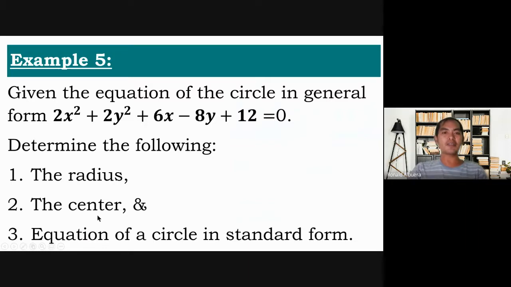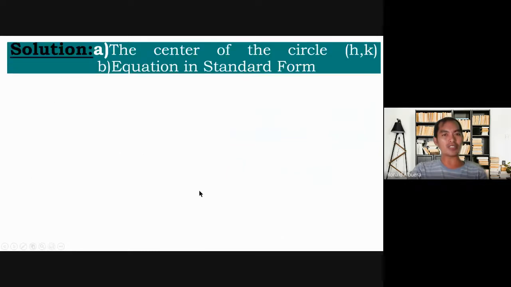So, the center is easy. Like I said, we have a shortcut: negative D over 2, negative E over 2. But then, the x squared has a coefficient, so you need to divide first. 6 divided by 2 is 3, so it becomes negative 3 over 2. 8 divided by 2 is 4, so positive 4 over 2. That's the shortcut.